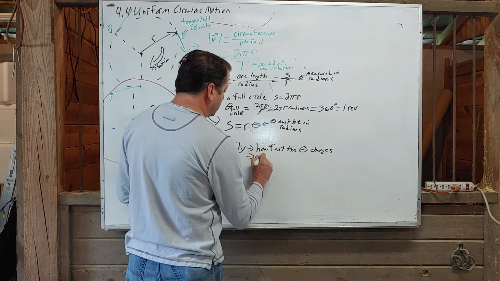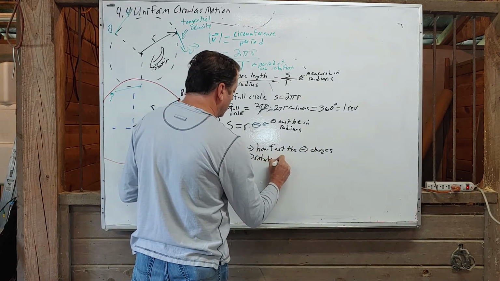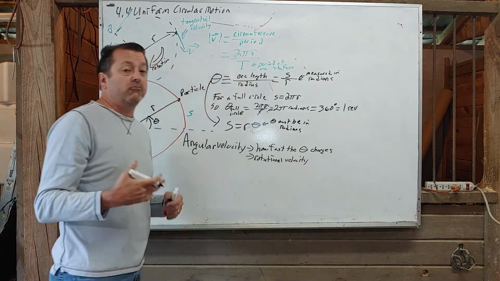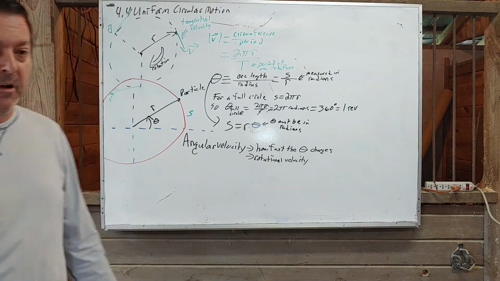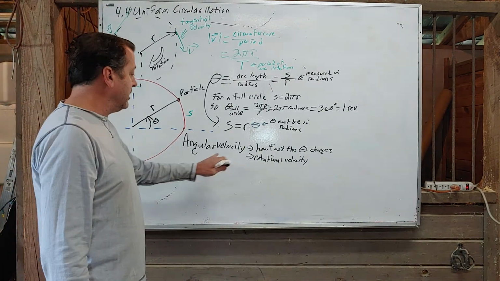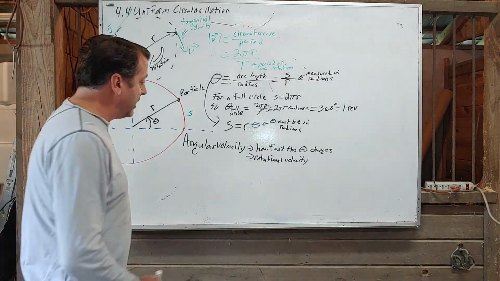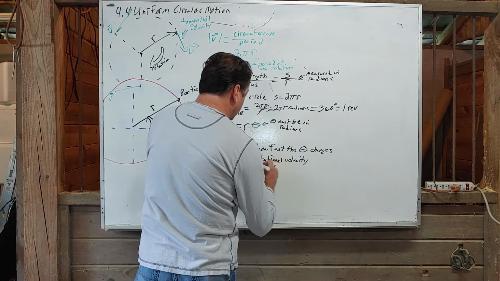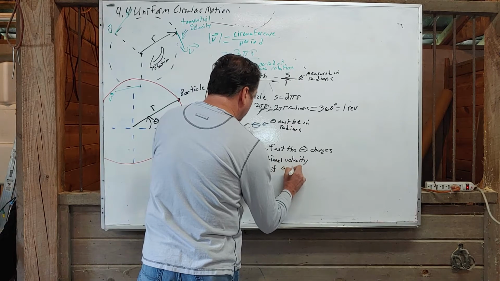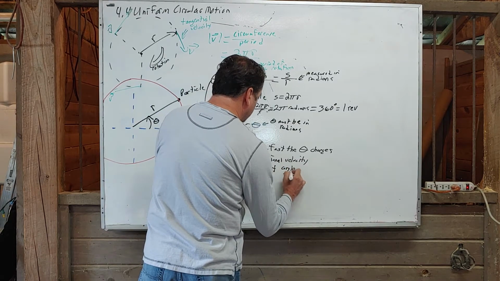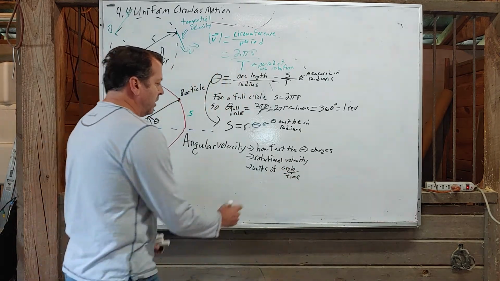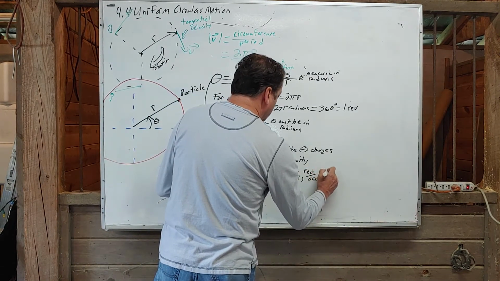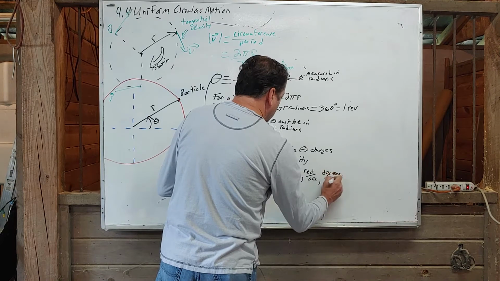You could call this rotational velocity. How fast it rotates. So many RPMs, that's revolutions per minute. Angular velocity, just like regular velocity, has units of angle over time. So what would those units be? Radians per second, degrees per second.